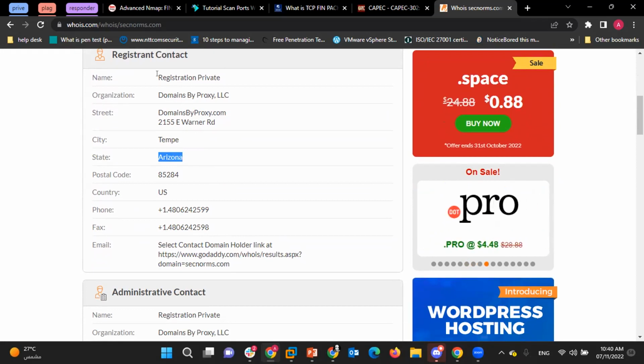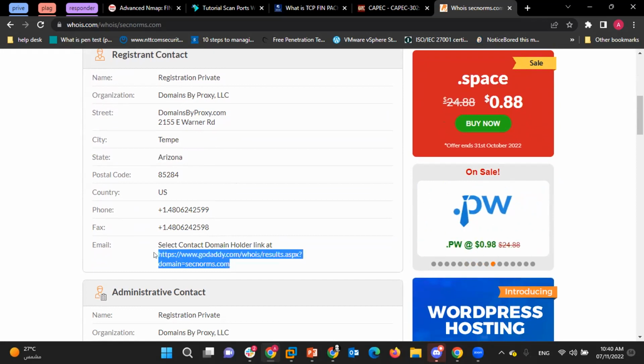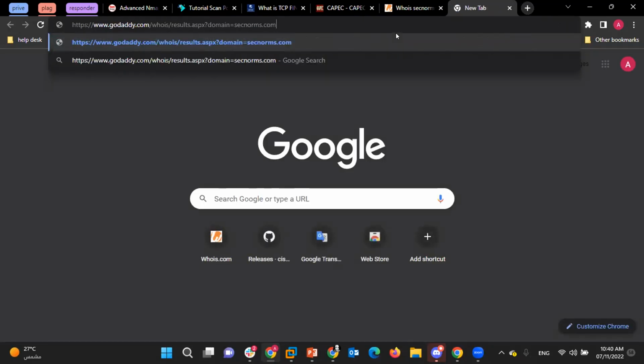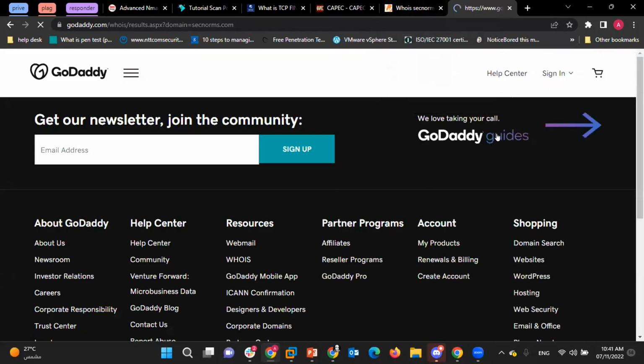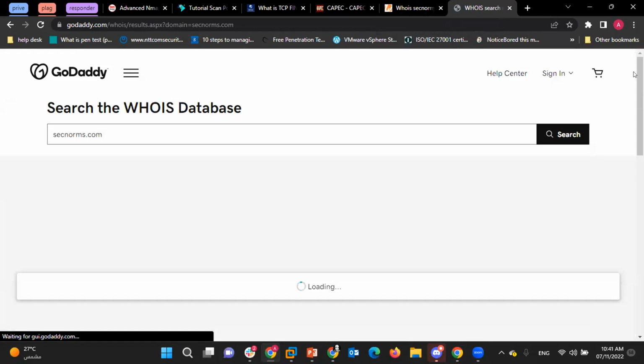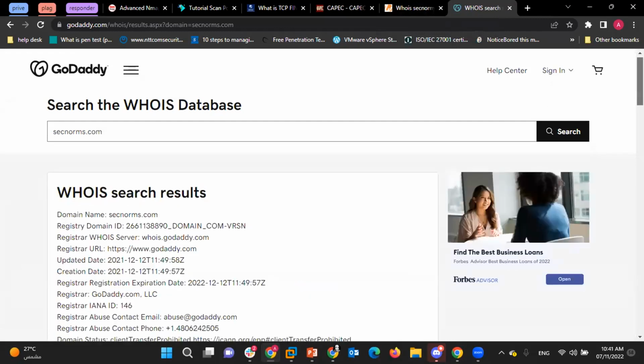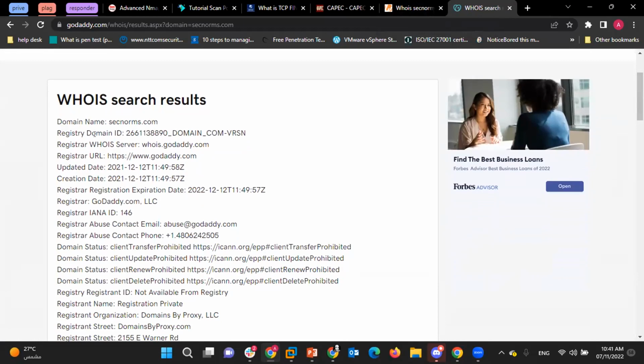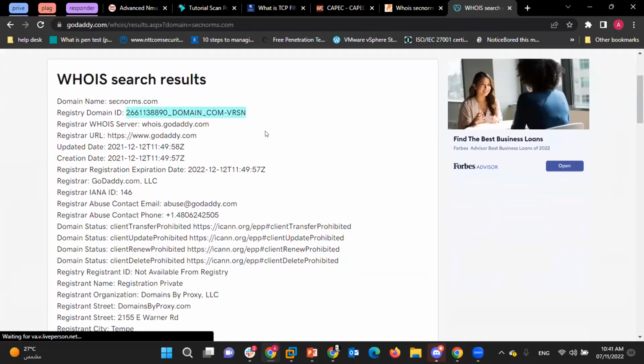This is the registrant contact, to contact the registrant. Here, it tells you to email, select contact domain holder. Let us use this link to find what information can be collected from it. It's a GoDaddy site, and in this site we can find many details. Secnorms, the domain name or domain ID.